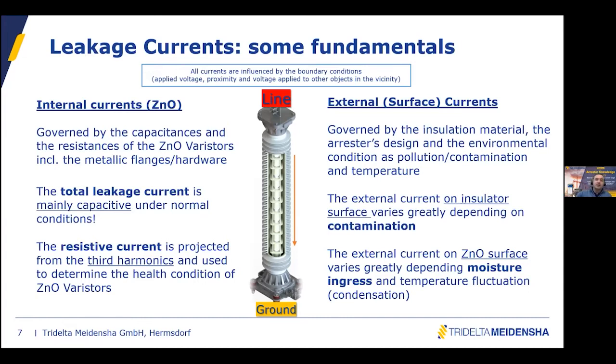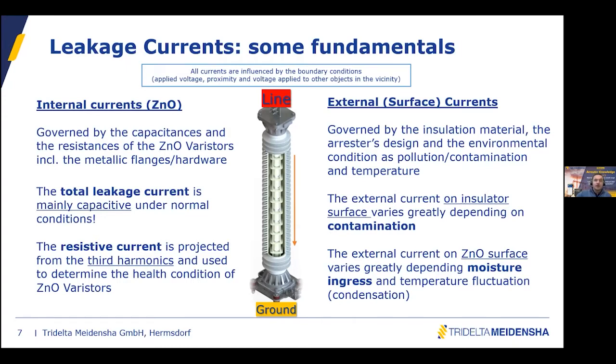So the total leakage current under normal condition is mainly capacitive, and the resistive current is projected from the third harmonic and used to determine the health condition of the ZnO varistors.